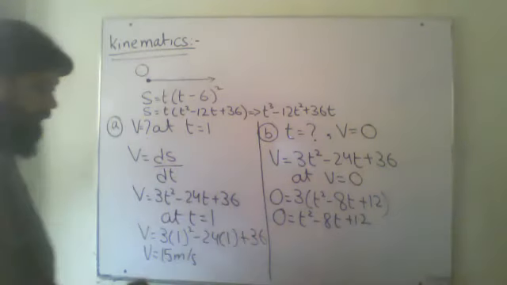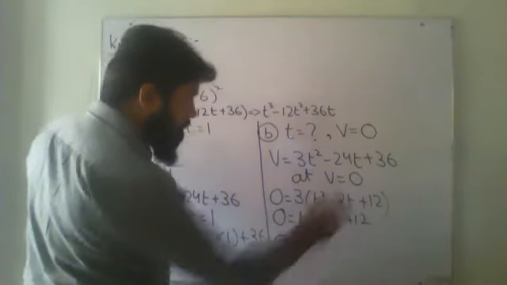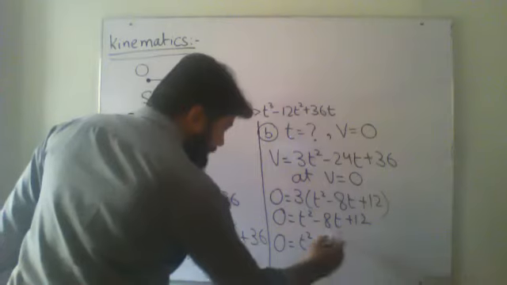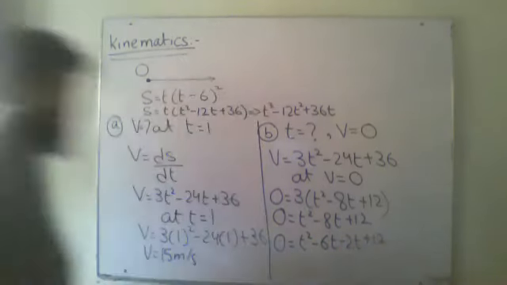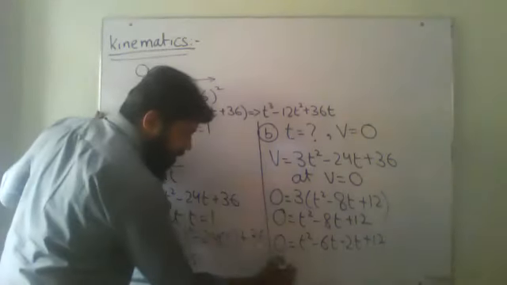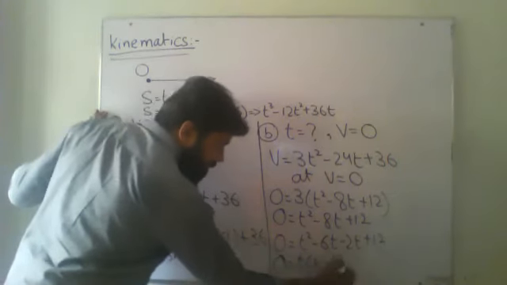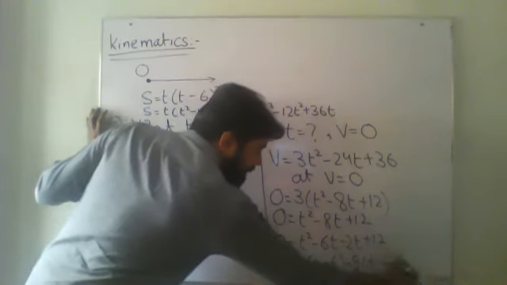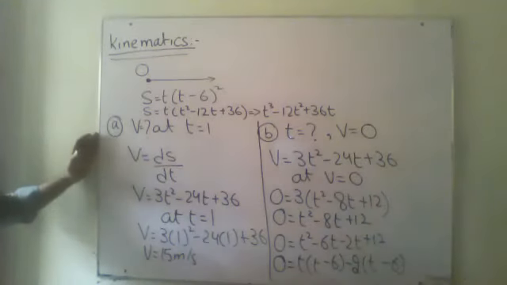Now I am doing middle term breaking: 0 equals t square minus 6t minus 2t plus 12. Taking t common, t into (t minus 6), and minus 2 common, (t minus 6), equals 0.